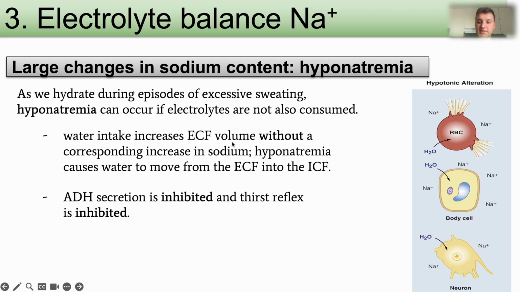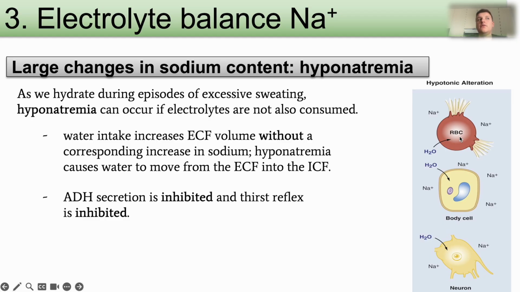Water intake increases ECF volume. So you start drinking, and the ECF on the outside starts getting more and more filled with water without a corresponding increase in sodium. If you just drink water alone, then you get this hyponatremia and it causes water to move from the ECF into the ICF.